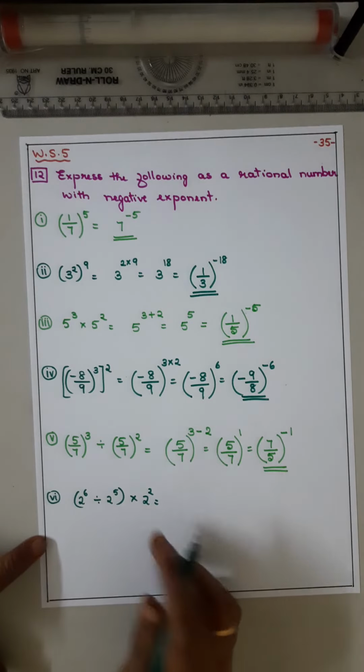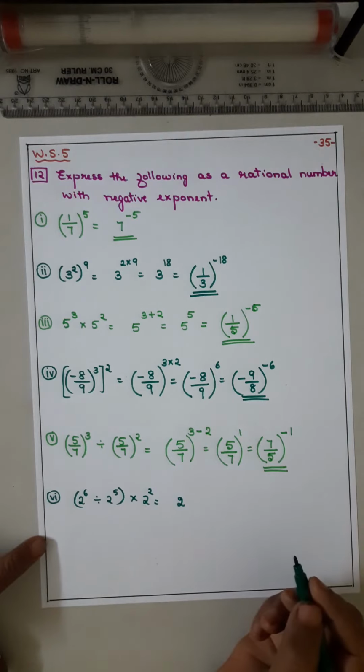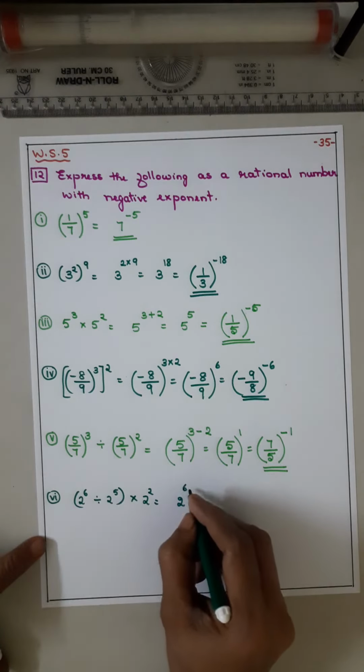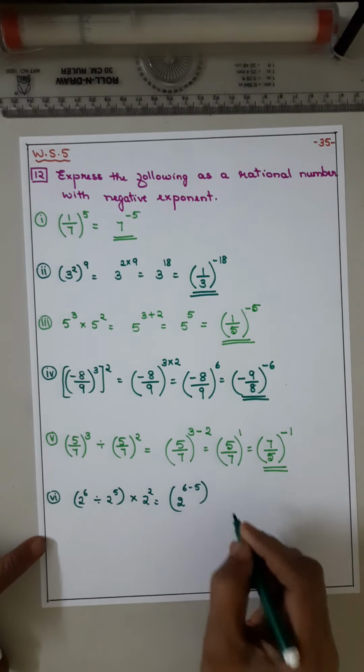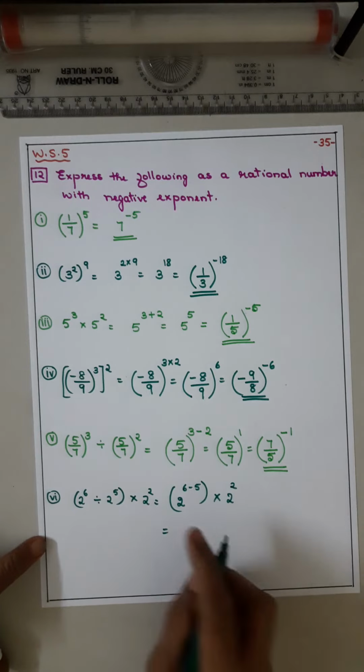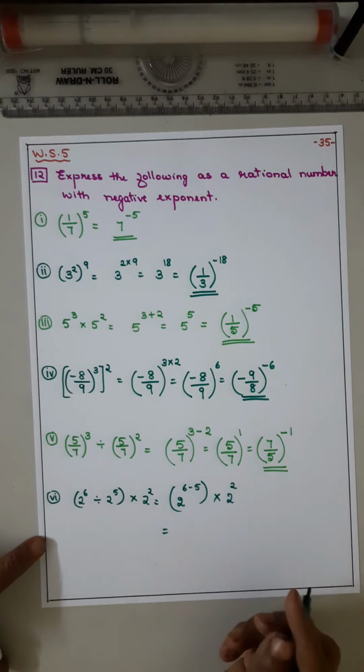Now here within the bracket it is 2, base is same, division. So subtract the power, 6 minus 5 into 2 to the power 2. So it is 2 to the power 6 minus 5 is 1.